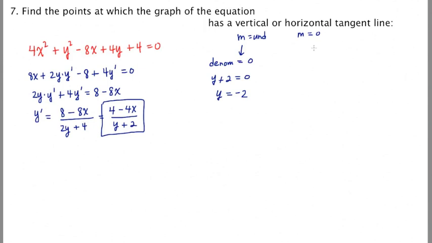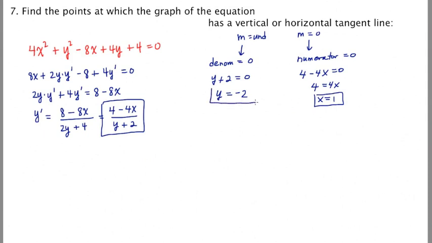Okay. Now, slope is going to be equal to 0 overall if the numerator is equal to 0. So 4 minus 4x equals 0, 4 equals 4x, x equals 1.